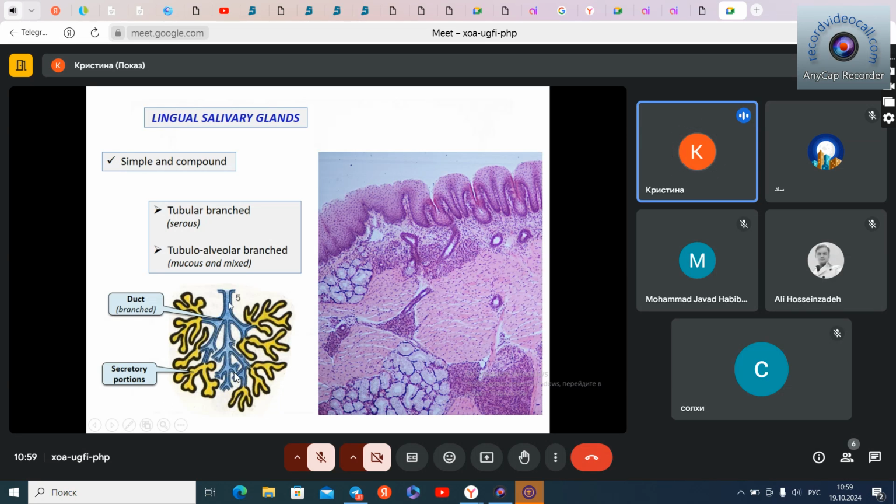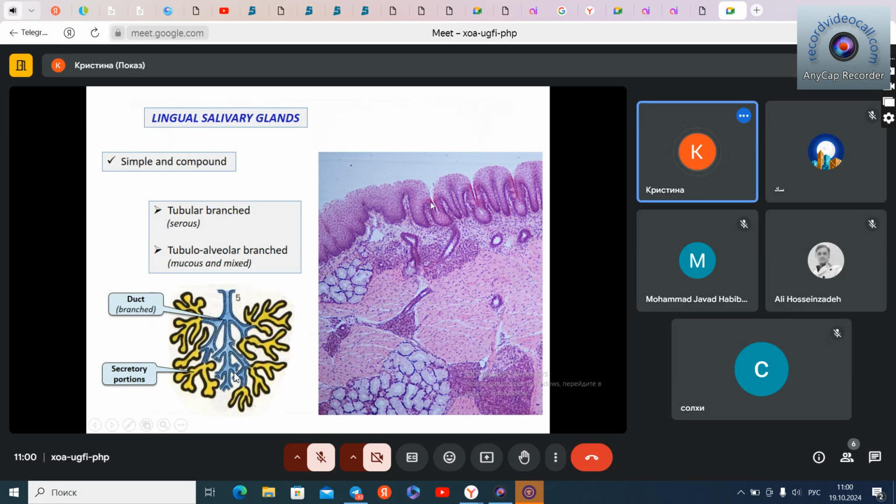So, this gland is compound, branched, tubular alveolar. And most of the glands of the tongue are of this type. And depending on the type of secretion, they are also subdivided into mucus-producing and serous glands.